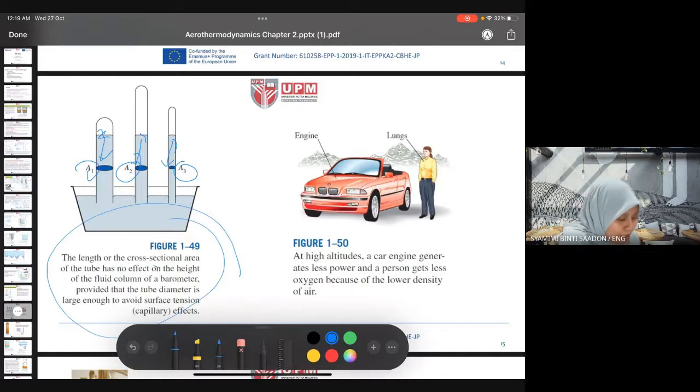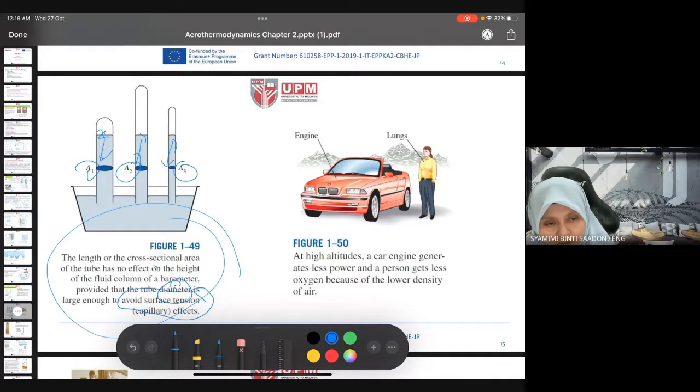So we assume that the surface tension, the force from the surface, is negligible or very small due to the diameter. But this is actually the ideal case.